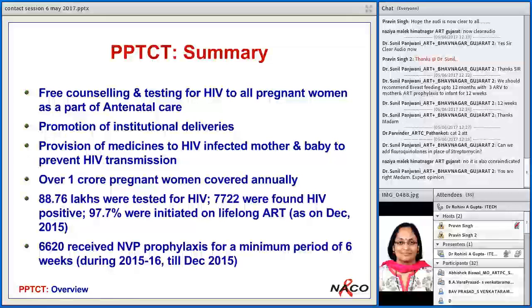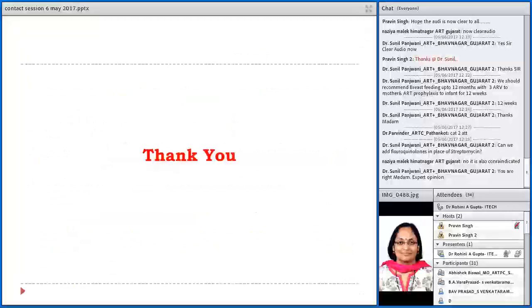Over 1 crore pregnant women have been covered annually. 88 lakh were tested for HIV, 70,700 were found infected, and we've achieved the target of 97.7% initiated on lifelong ART. If you remember the goals which we had set, we've achieved that goal. And 6,000 babies received nevirapine prophylaxis for 6 weeks.